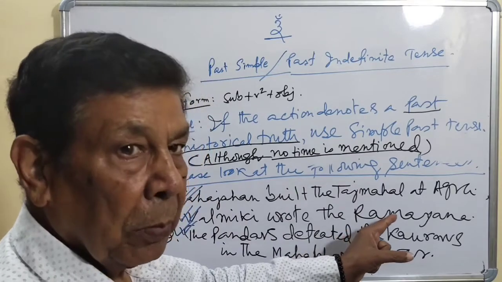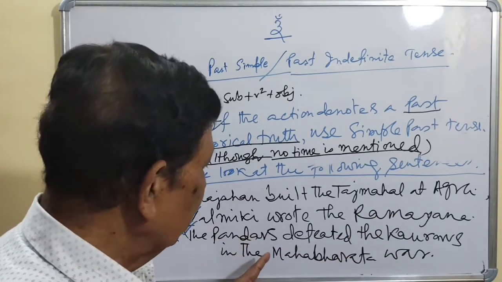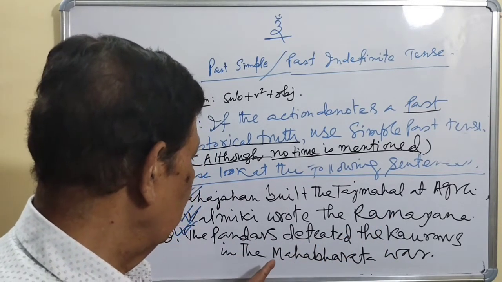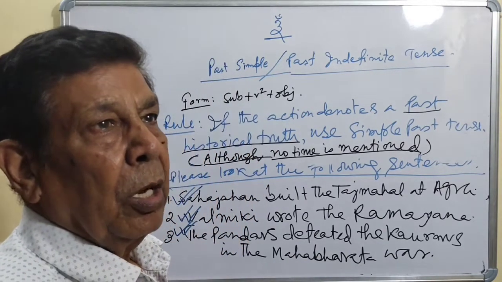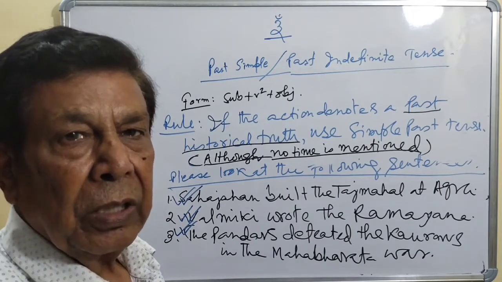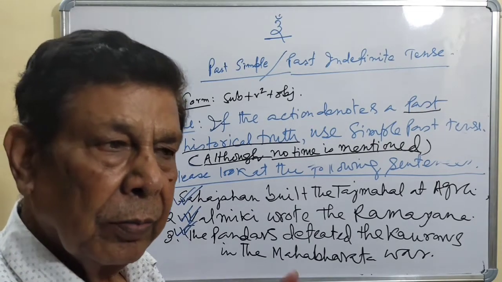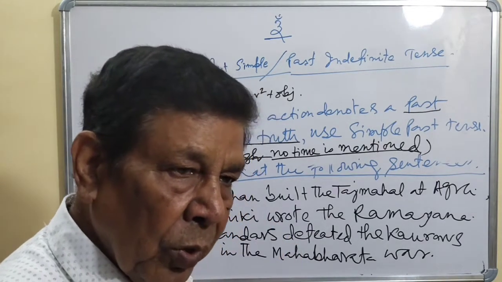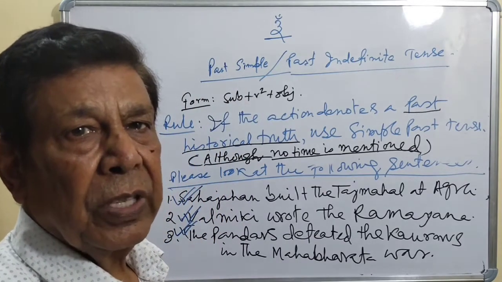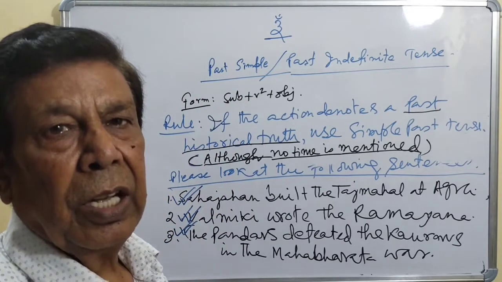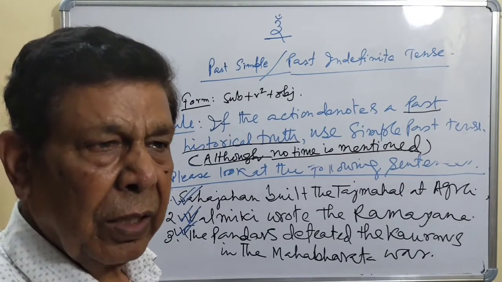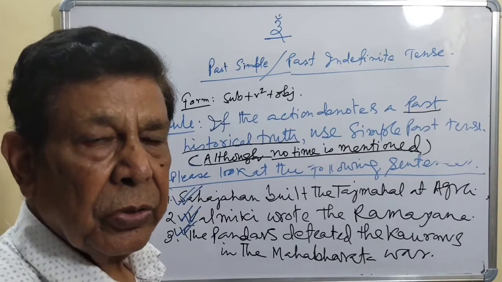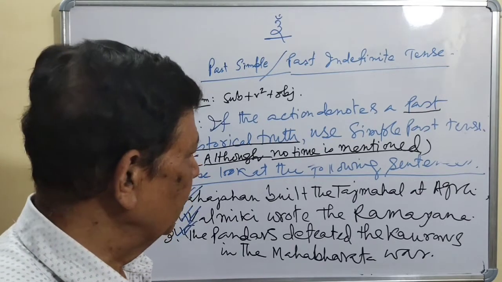Valmiki wrote the Ramayana, past historical truth. The Pandavas defeated the Kauravas in the Mahabharata war, historical truth. Babur defeated Ibrahim Lodi in the first battle of Panipat, historical truth. The British defeated Nawab Siraj-ud-Dowla in the battle of Panipat. No time is mentioned, still it denotes a past historical truth, so it is right.